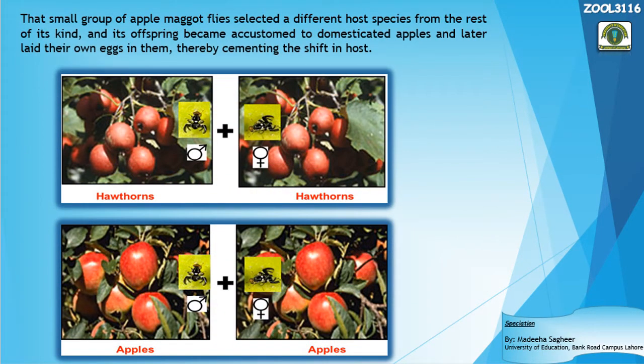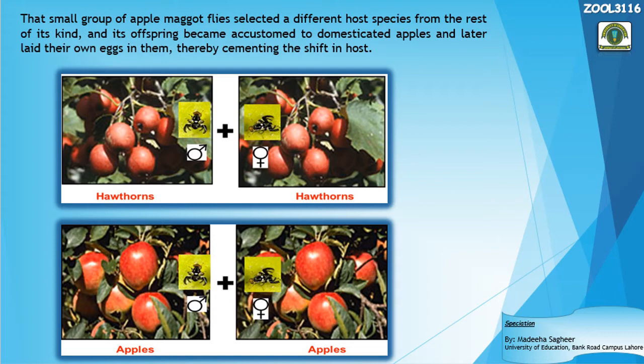What happened here is that there is a shift in the host. Previously, all members of the maggot flies used to lay their eggs on the hawthorn berries, and they used to bring up their young ones on the same hawthorn berries. But later, a few individuals of the same species, a small group of maggot flies, chose some other host.